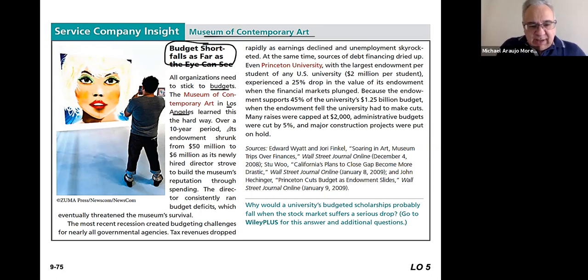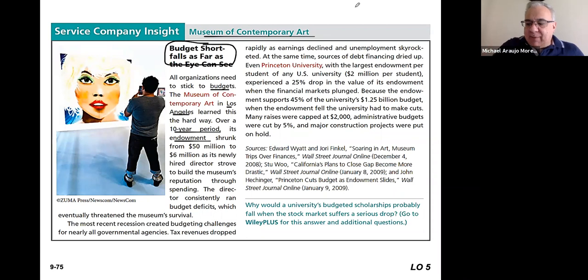So over a 10-year period of time, this museum had an endowment. An endowment is sort of extra money that a nonprofit has. A lot of colleges have endowments, and a lot of other nonprofits that are not colleges have endowments, like museums and so forth.